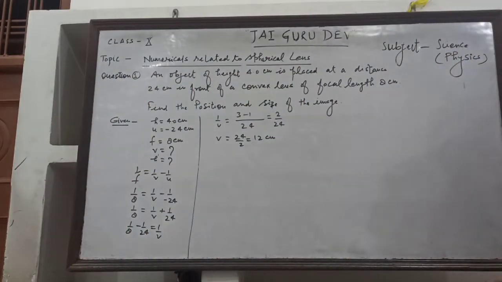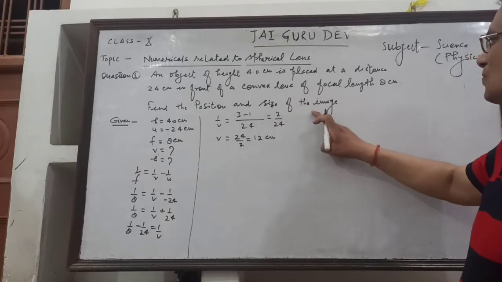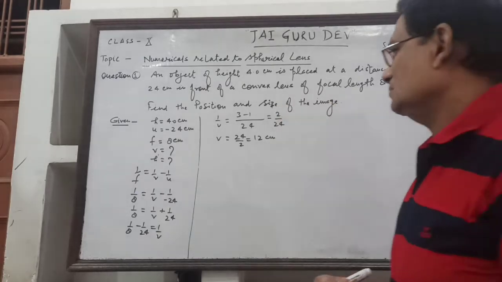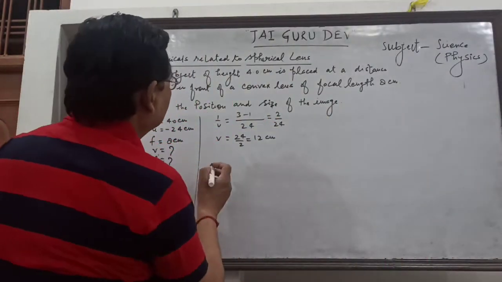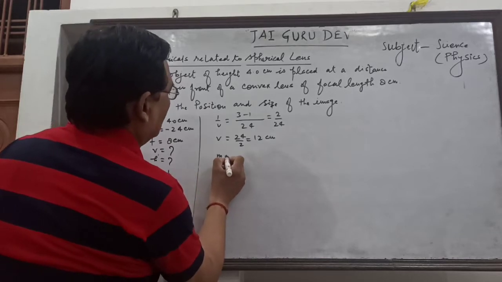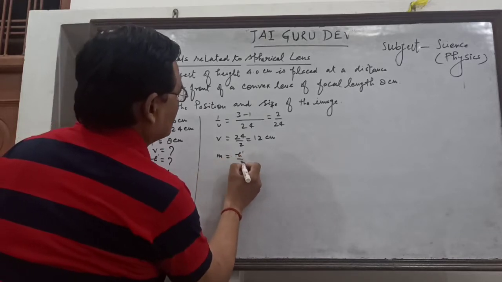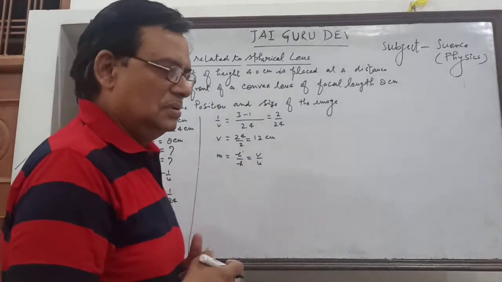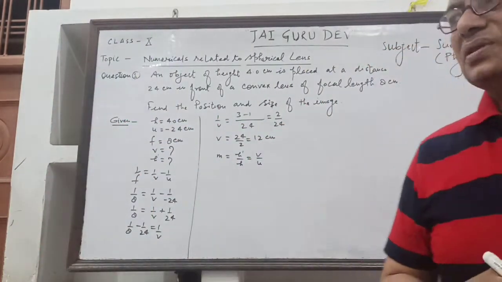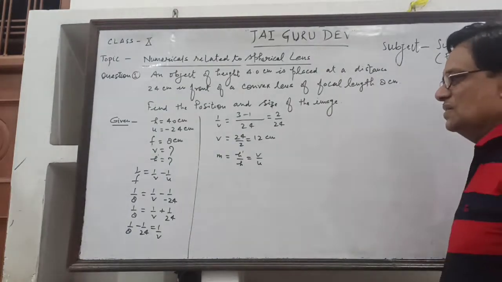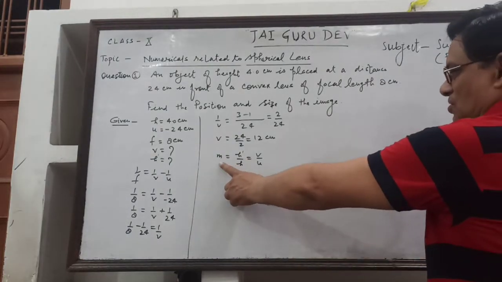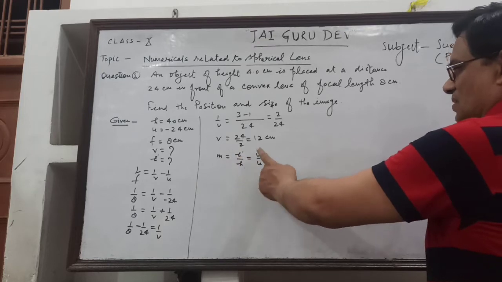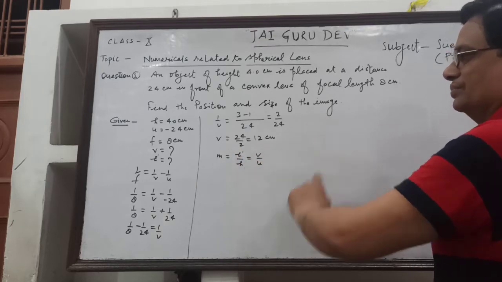Second part, size of the image. We know m is equal to h dash upon h is equal to v by u. This is the complete magnification formula for the lens: m is equal to h dash upon h is equal to v by u.